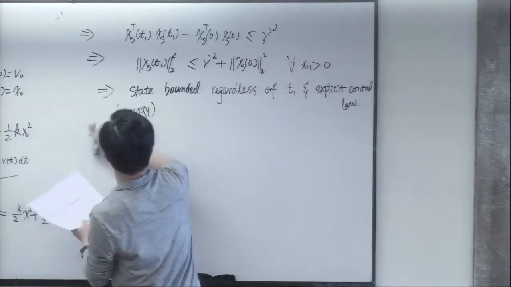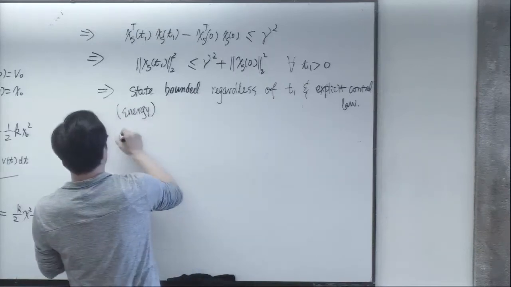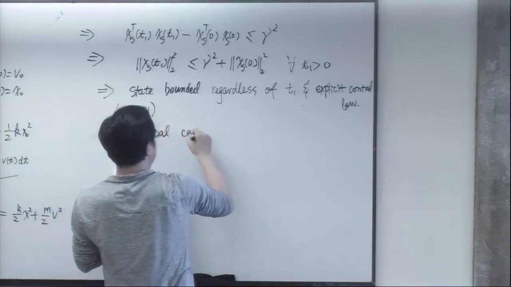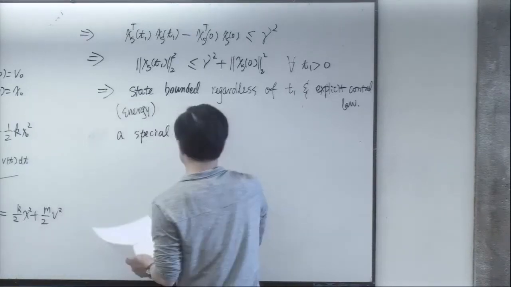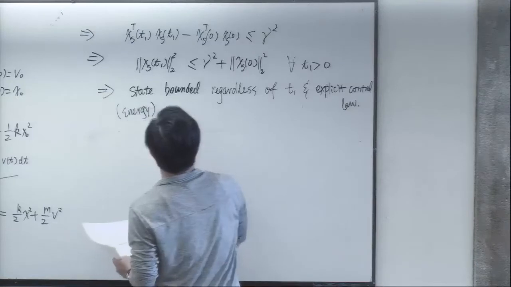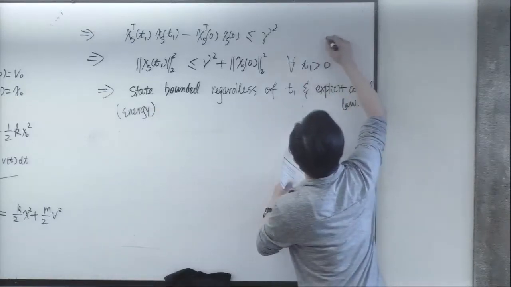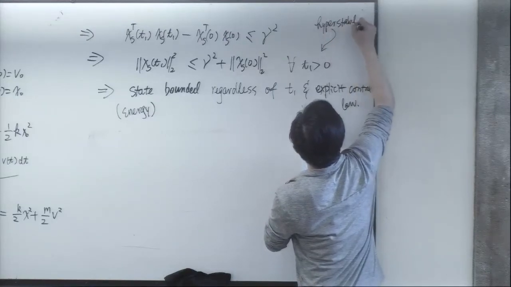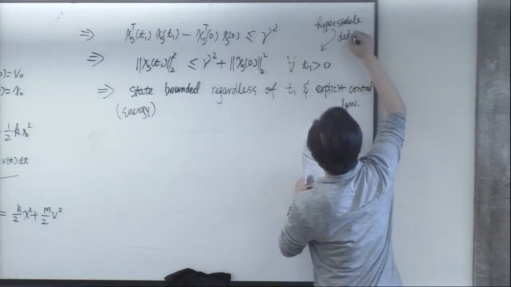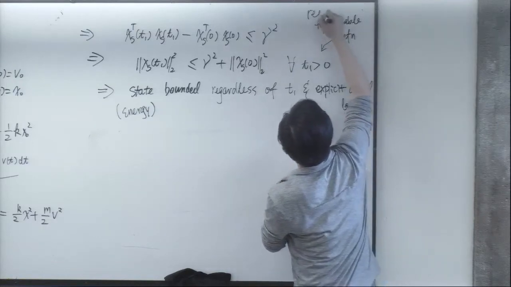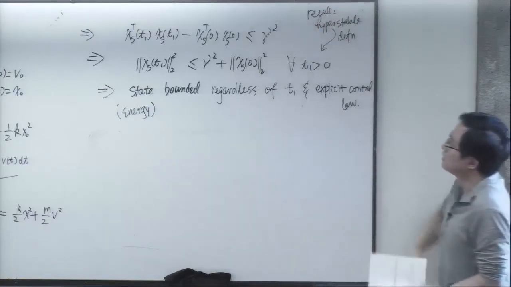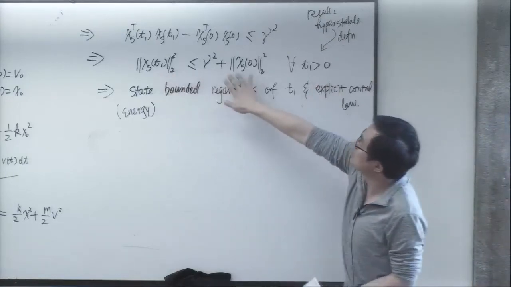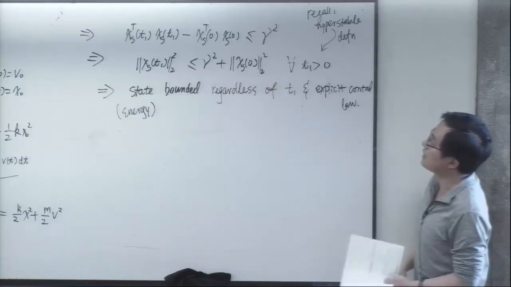All right, so put it here. You can recall the definition of hyperstability is that the state will be bounded by something that looks like this that depends on the initial time.